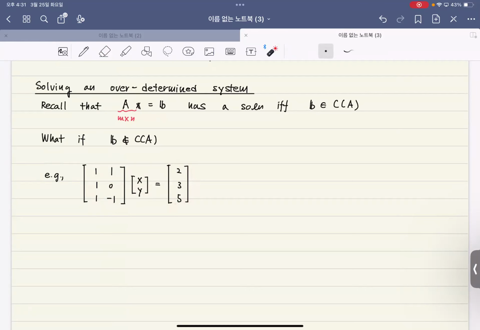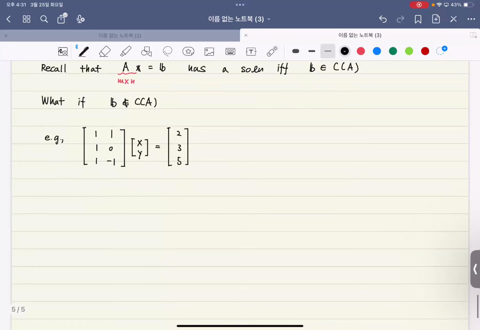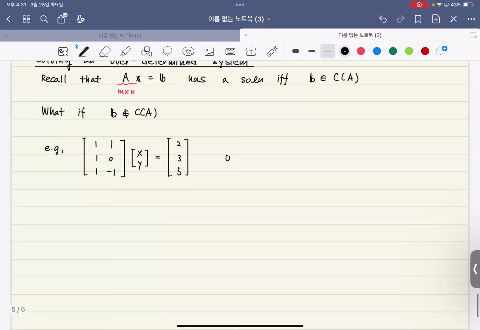An over-determined system happens when m is greater than or equal to n.